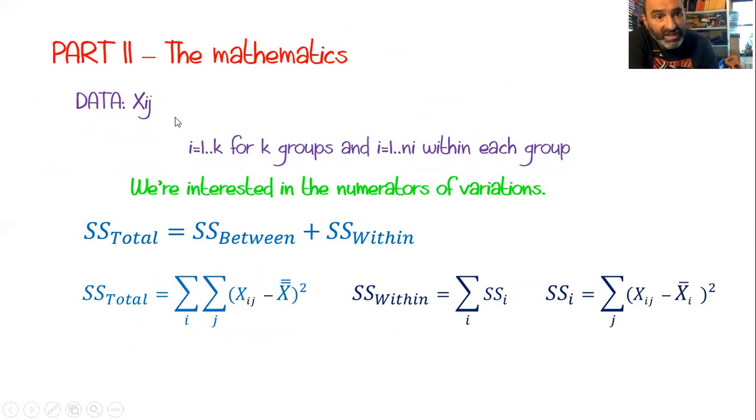So the mathematics. All right. Your data is going to consist of two indices.